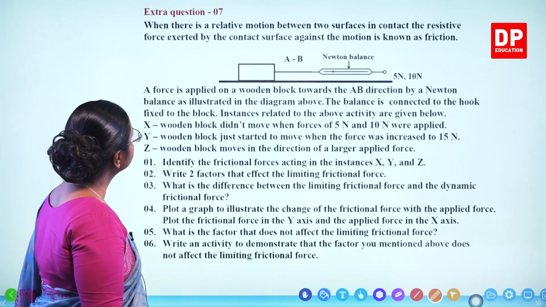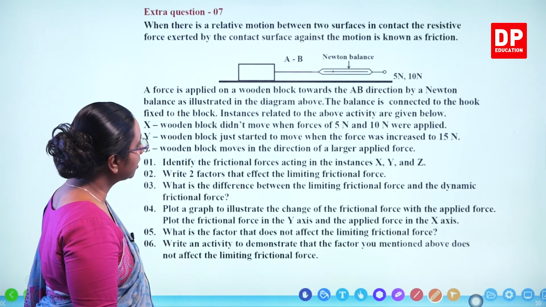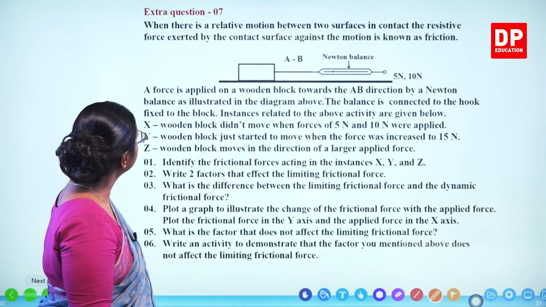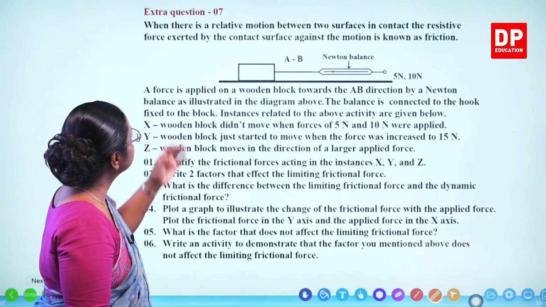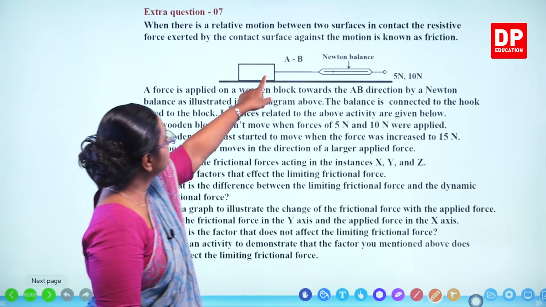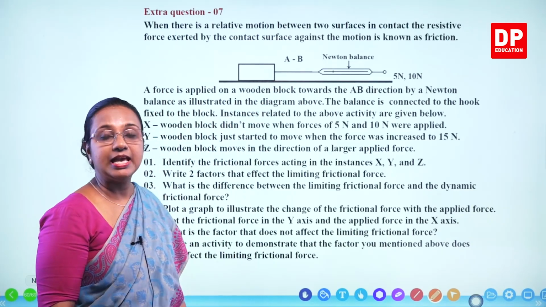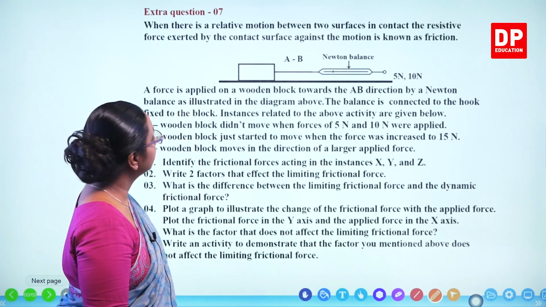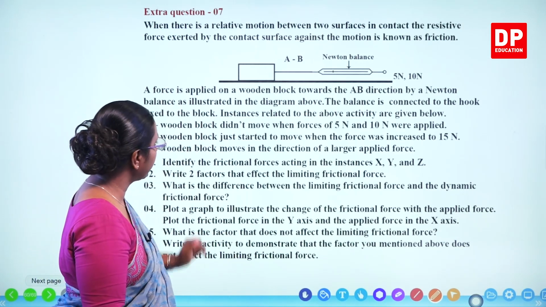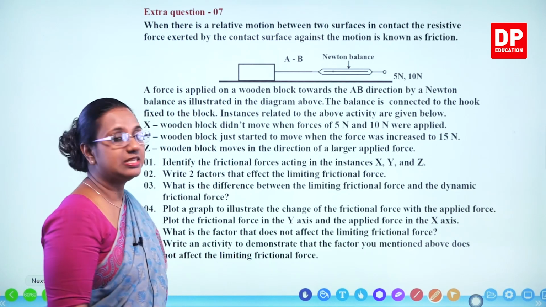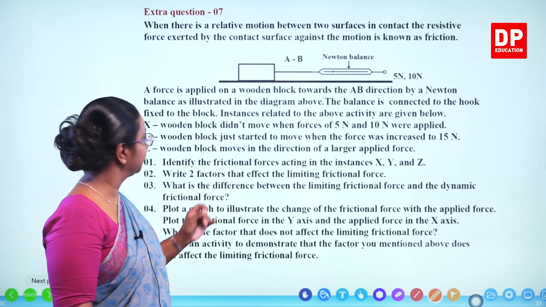A force is applied on a wooden block towards the AB direction by a Newton balance as illustrated in the diagram above. That is why they have given this AB direction. The balance is connected to the hook fixed to the block. Instances related to the above activity are given below.